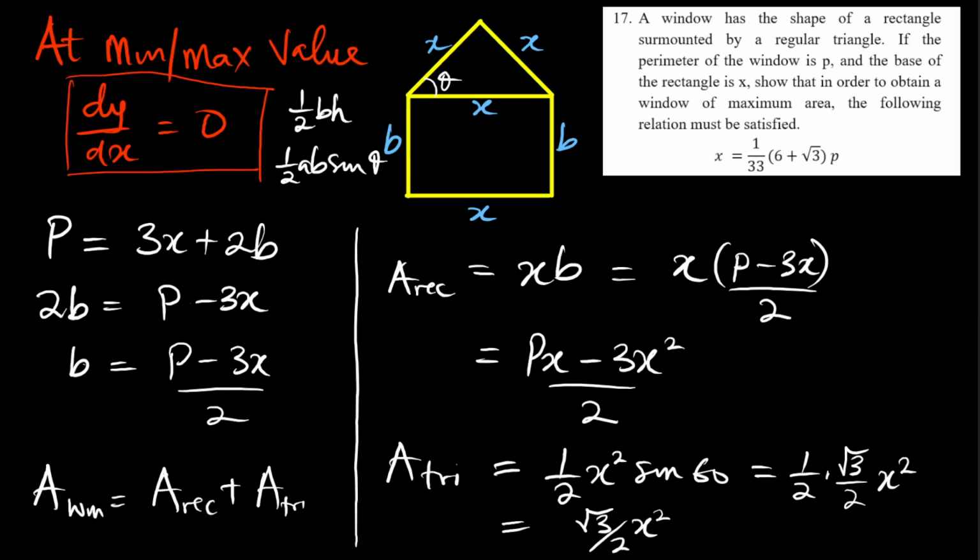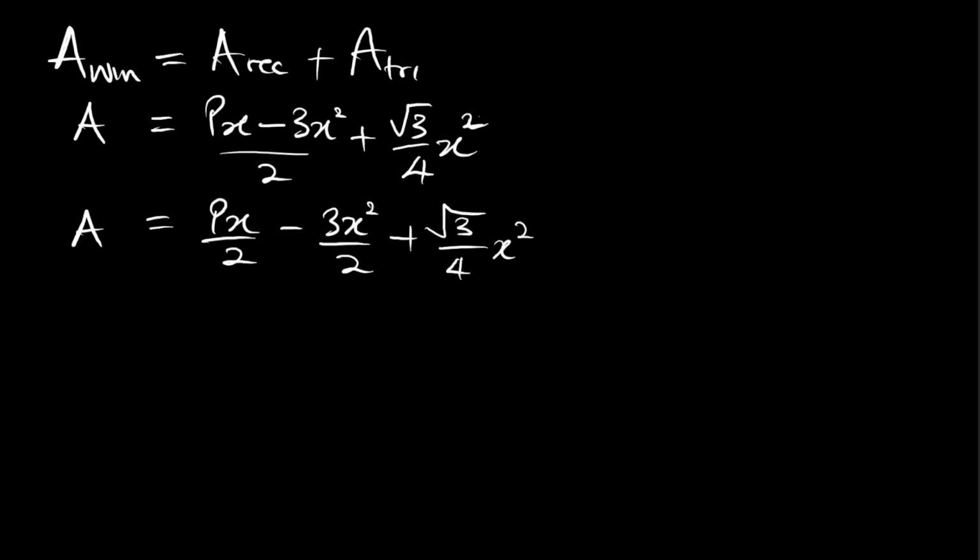At a minimum or maximized value, the first derivative is equal to 0. So we are going to differentiate the area with respect to the side, so that we have dA/dx, and equate it to 0.